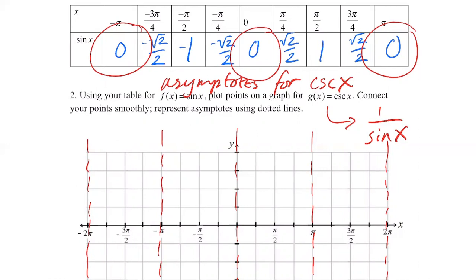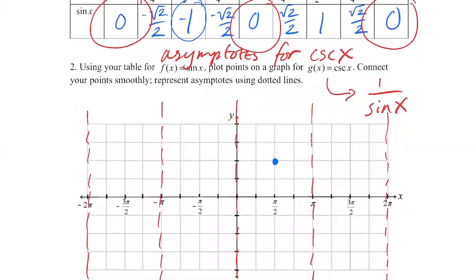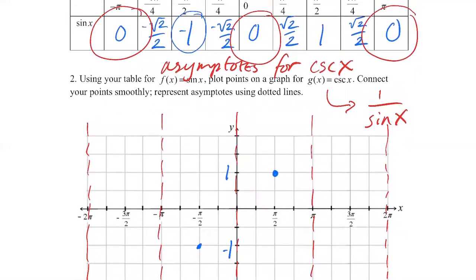So pi over 2, sine is 1, so then cosecant is 1 over 1, still 1. Negative pi over 2. That negative 1 is unaffected. And this does predicate that I'm labeling this as 1 and this increment as negative 1. So there we go.